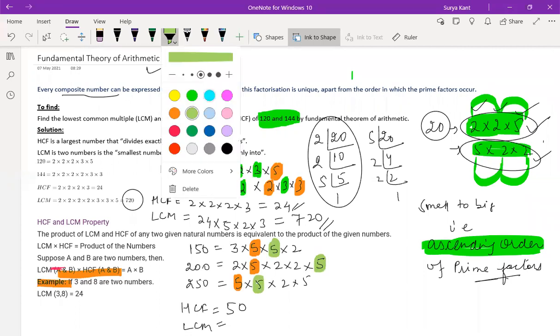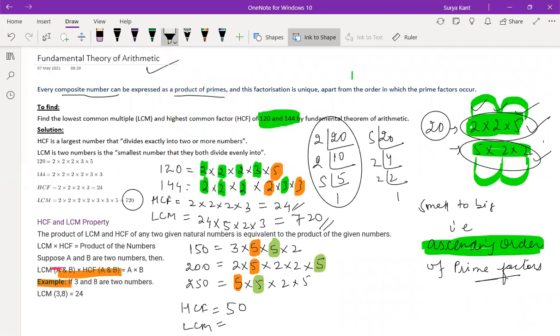Sir, LCM is 15000. 15000, right? 3 3 3 you are getting, 3 3 you are not getting at all, right? So 2, 2 and 2. So HCF is correct, that is 2 into 5 into 5.